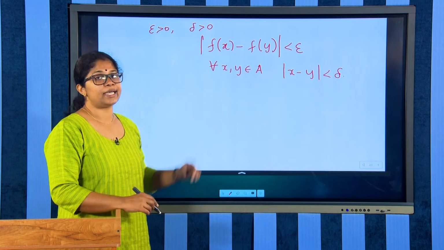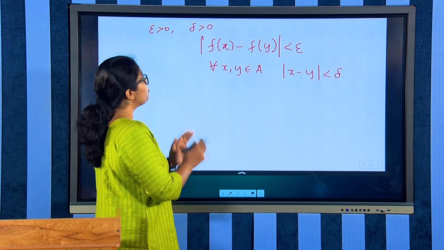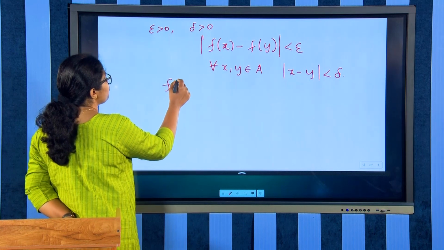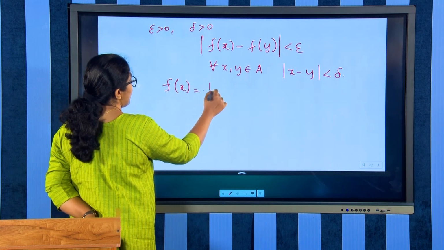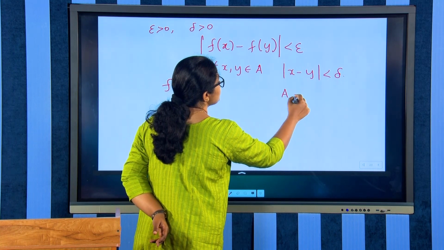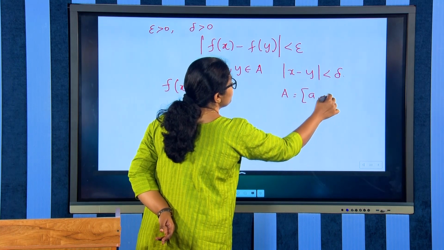So, this was the condition that we had to prove. So, we are given the function f of x to be 1 by x, and we are given the condition that the domain A is equal to a to infinity.